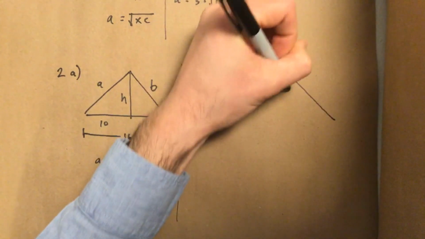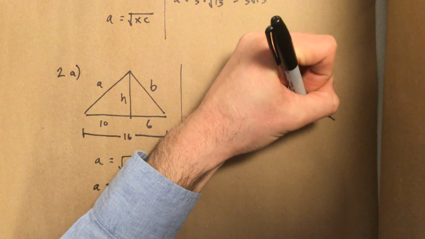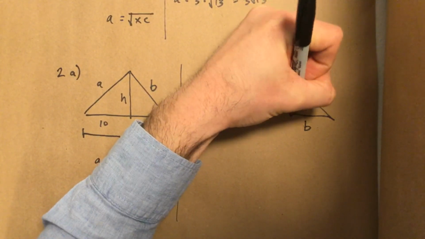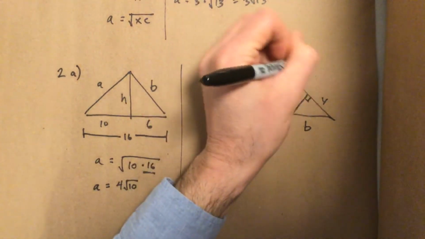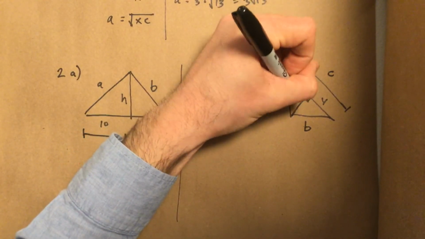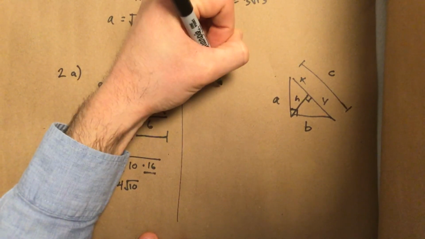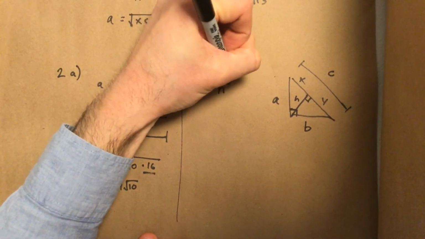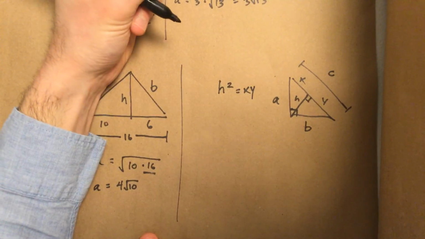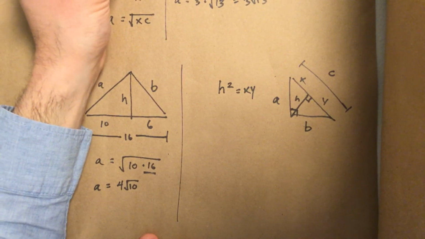If you have a triangle that looks like this, A, B, X, Y, there's your altitude, and there is C. Shortcut formulas, here they go. H squared is equal to X times Y. And again, we're just finding these by setting up ratios with our 3 triangles.